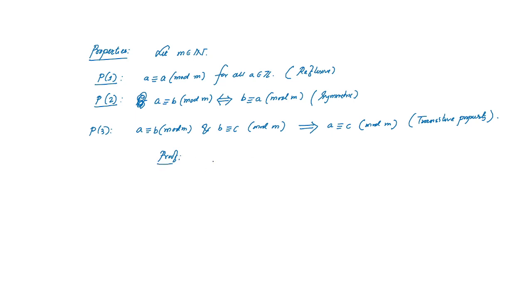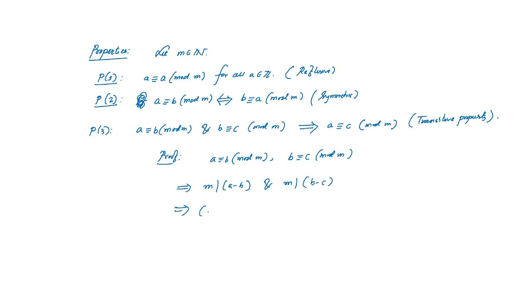How do we prove it? What is given: a is congruent to b modulo m, and b is congruent to c modulo m. From that, m divides a minus b, and m divides b minus c.